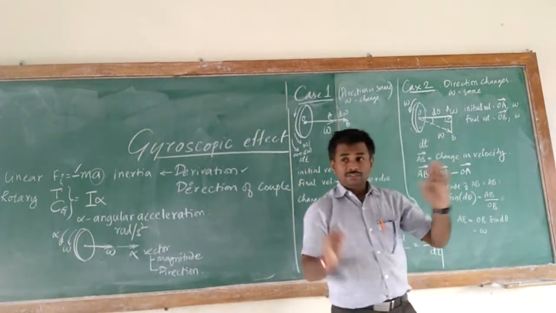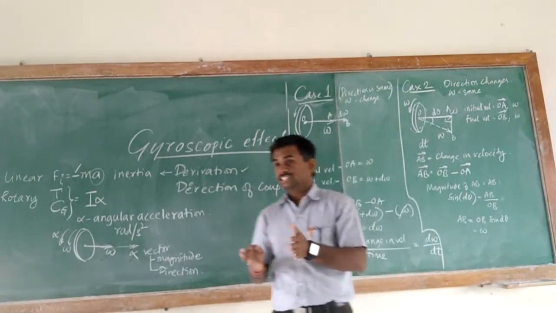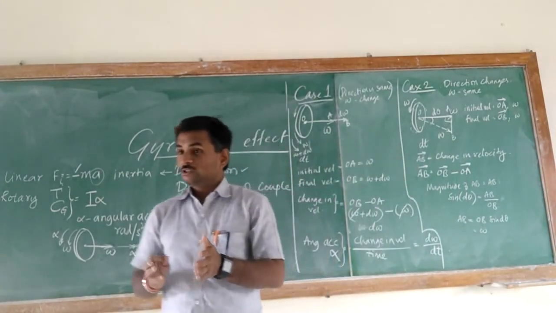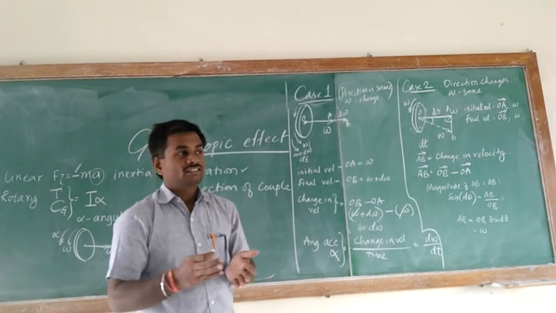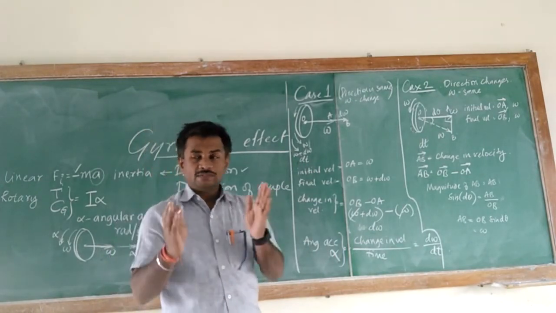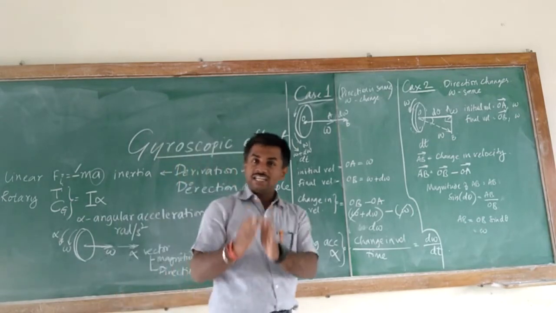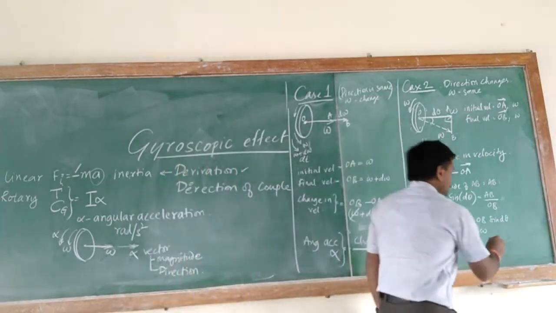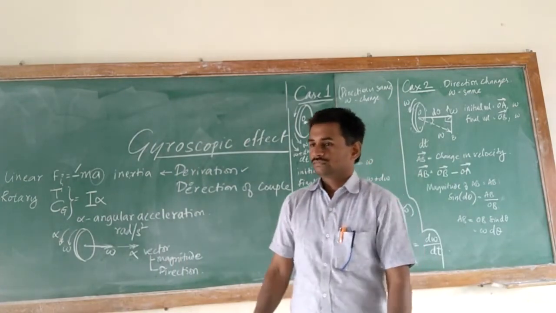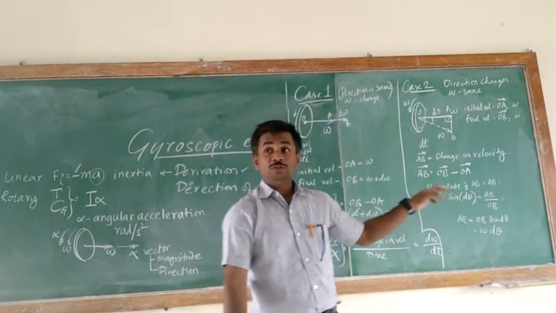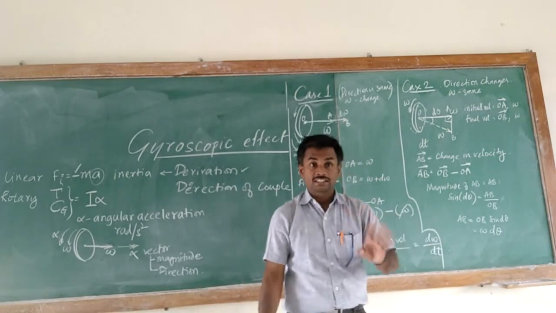And d theta is very, very small. So what is sine d theta? When the angle is very, very small, sine of that angle can be written as only the angle, d theta. That angle should be in radians. Don't take it in degrees.